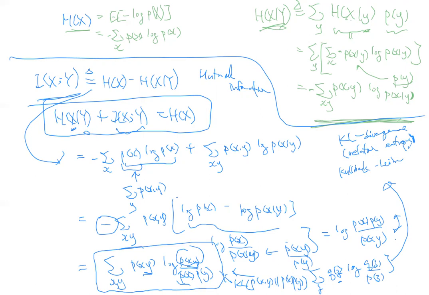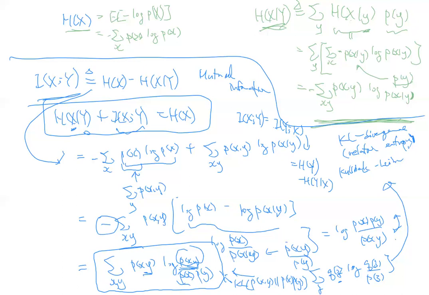So I have log p(x,y) over p(x) p(y) here. What I want to say is that I(X;Y) is the same as I(Y;X). Symmetric. Therefore, this is also equal to H(Y) minus H(Y given X).